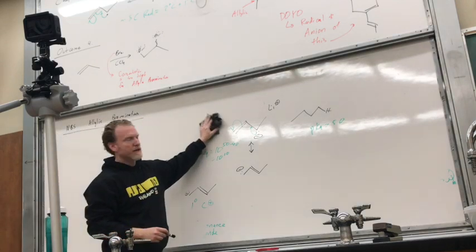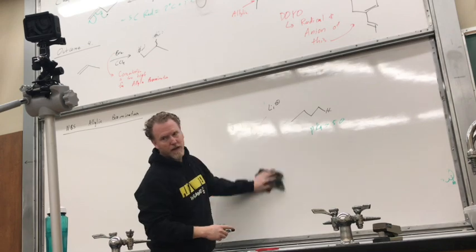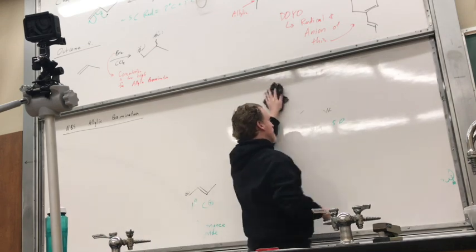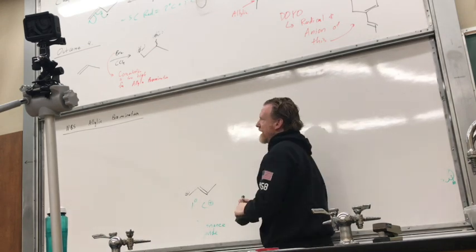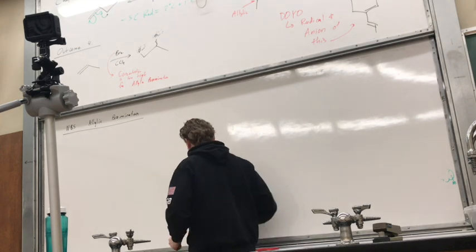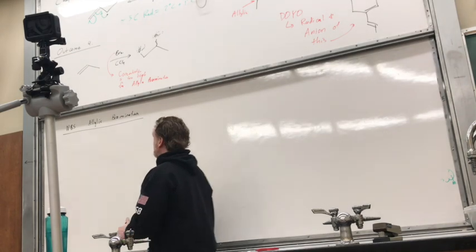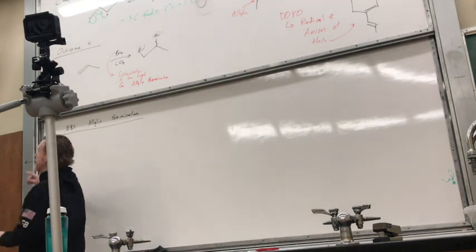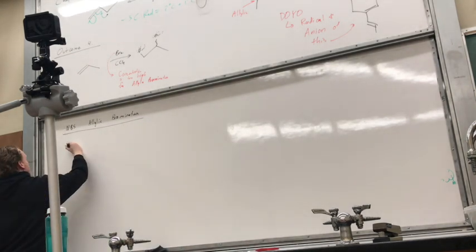So there's a molecule we're going to use to accomplish the low concentration of bromine. It's called N-bromosuccinimide, and we use NBS to refer to it. So what is NBS?